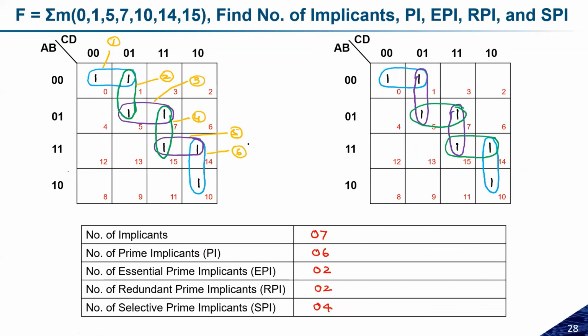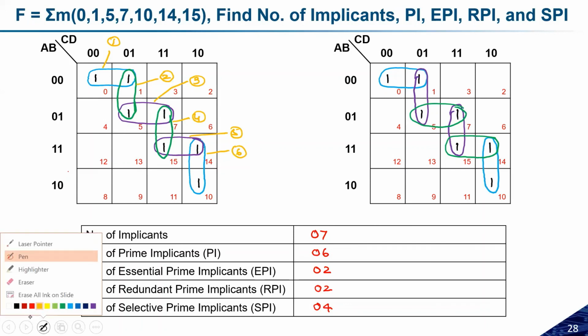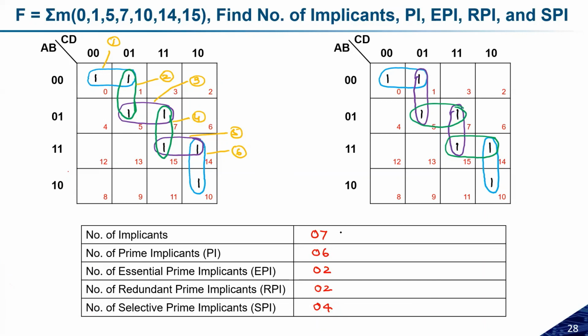If I'm considering the first K map, the number of prime implicants are pair 1, pair 2, pair 3, pair 4, pair 5, and pair 6. So these all are the prime implicants.